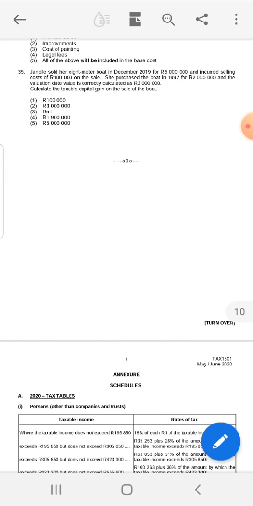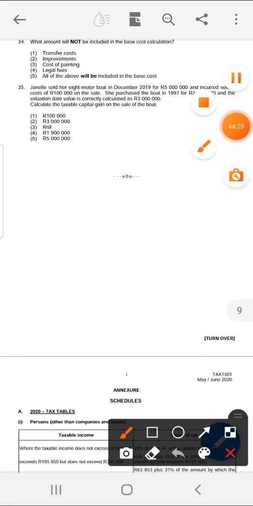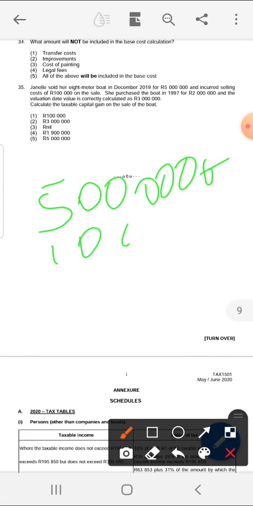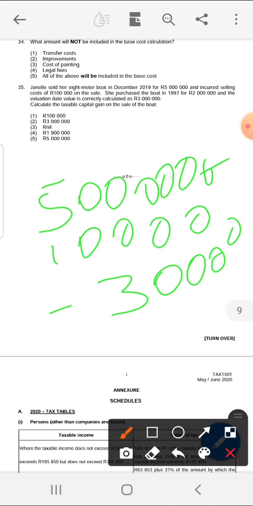Okay, here we will just take our proceeds of 5 million. We reduce 100,000 for the selling costs to give us 4,900,000. Then we less 3 million of the base cost. It will give us 1,900,000. That is our capital gain for the sale of the boat. So it will be option 4.